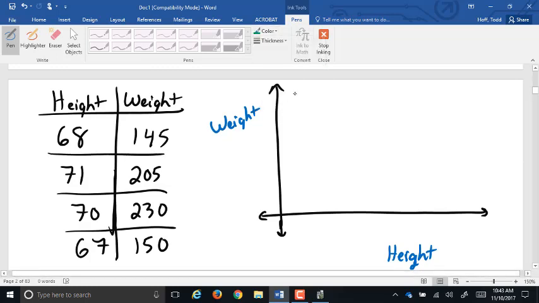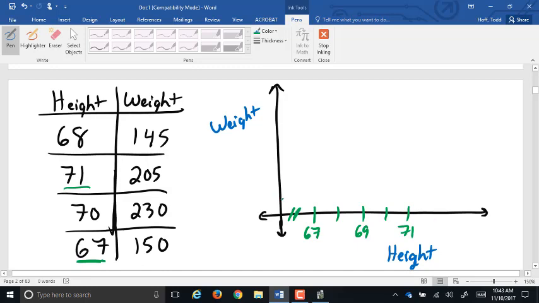First thing we have to do is set out our graph here so that these numbers are on there. We have to include numbers for the height that go as small as 67 and as large as 71. It is okay to start at something other than 0 here. I can do that on my axis, which tells people that this axis is broken, it's not continuous. So this is 67, 68, 69, 70, 71, and that's as far as we need to go.